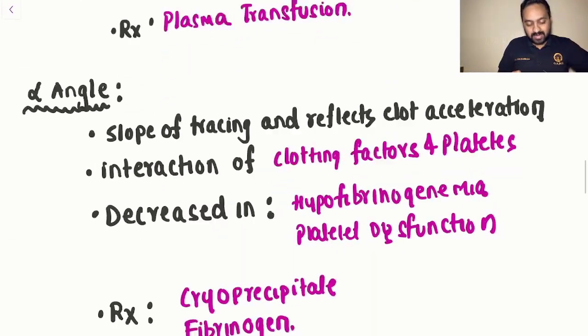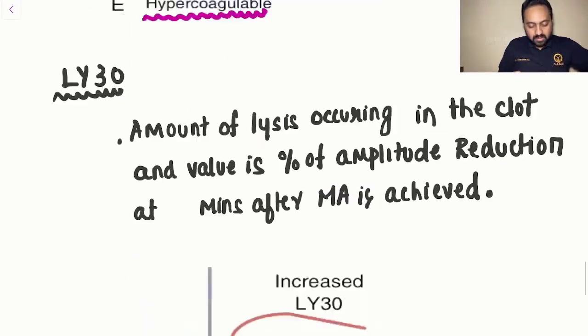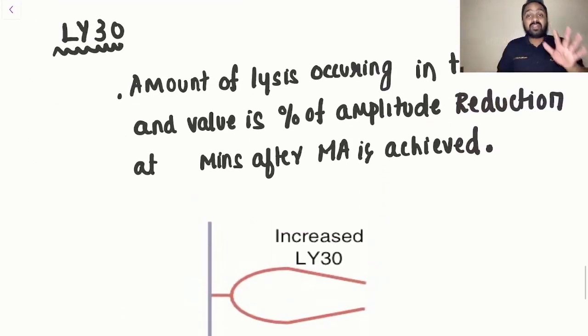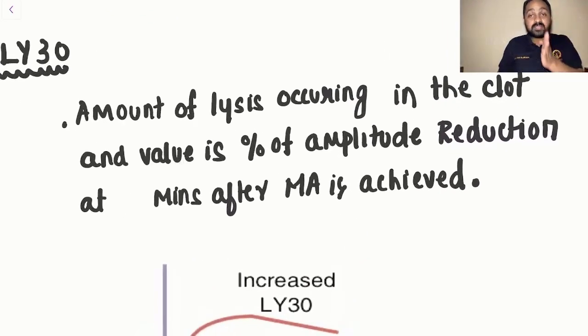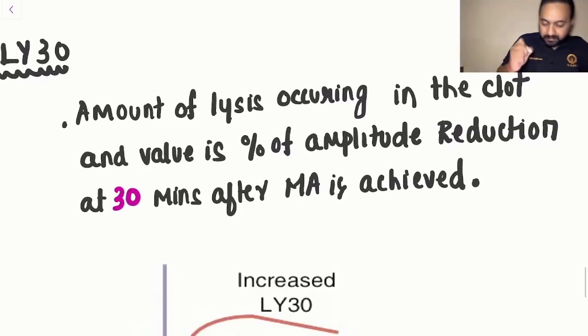So what is this your LY? So this is the amount of lysis occurring in the clot, and the value is the percentage of amplitude reduction at 30 minutes after MA is achieved.